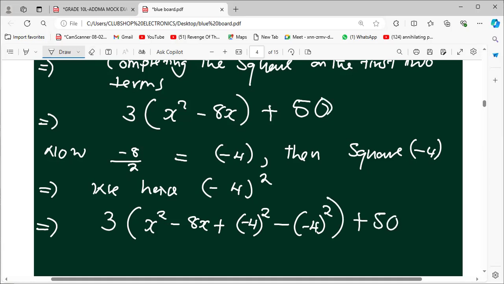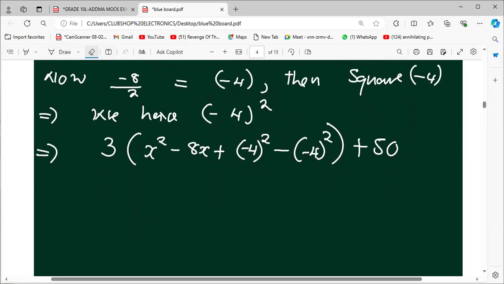So what we've done here is, plus 4 minus 4, this cancels out. We still maintain that. So that is the practice.